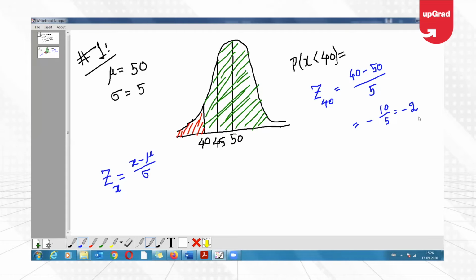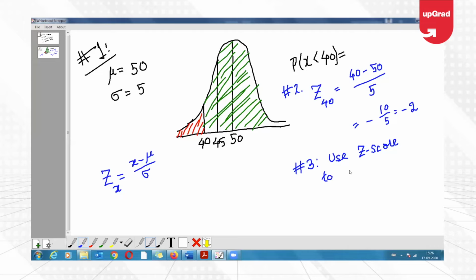Now what we are going to do is look into the z table and find out the p-value. So this is step 2. Step 3 is to use the z-score to calculate the p-value.